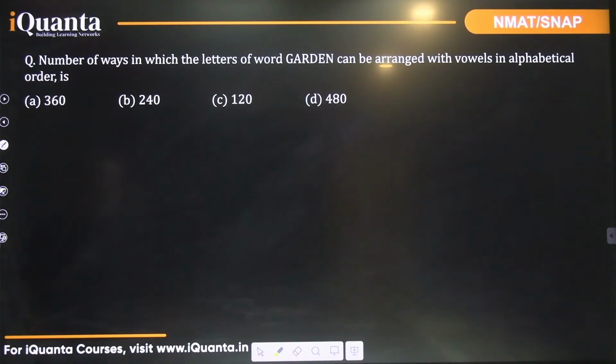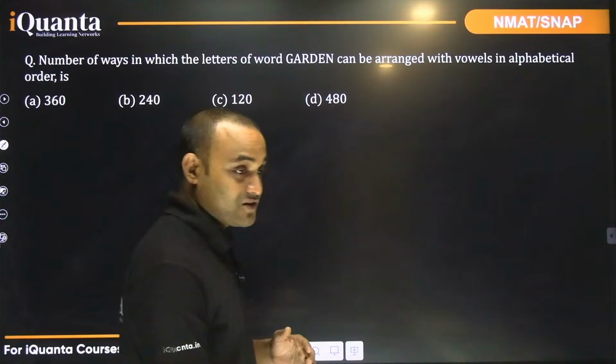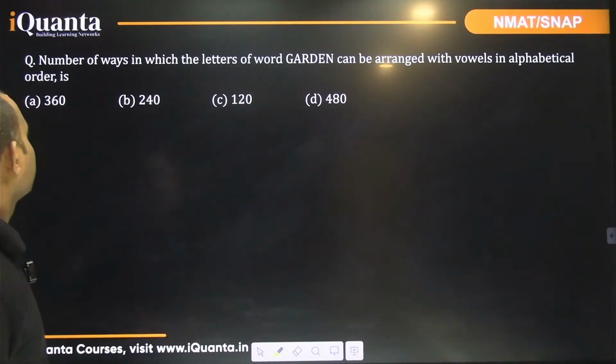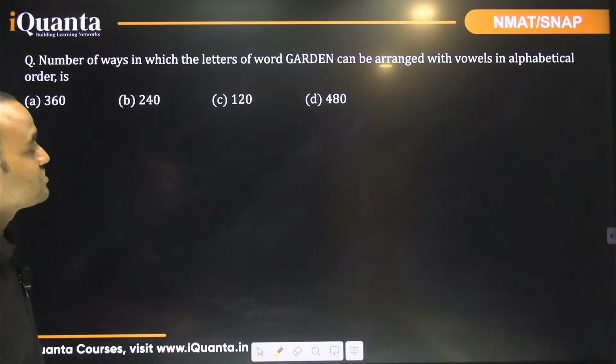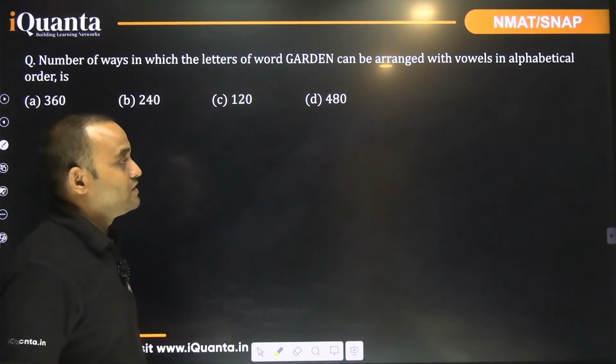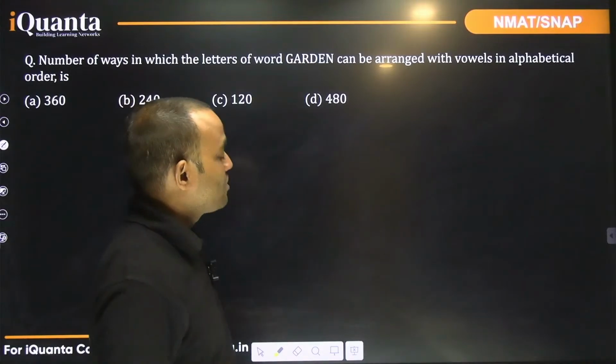All right. Then comes another question, which is based on the concept that we learned in the last class. Alphabetical order, right? The number of ways in which the letters of the word GARDEN can be arranged with vowels in alphabetical order.